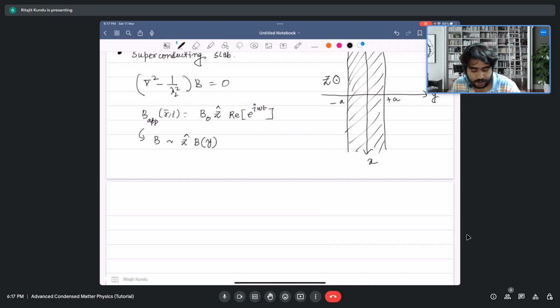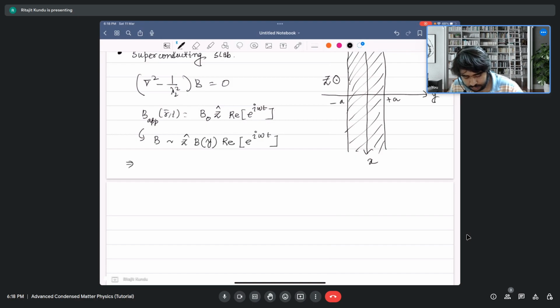And it has the same phase as the applied magnetic field. The logic goes the same way as in the last problem.